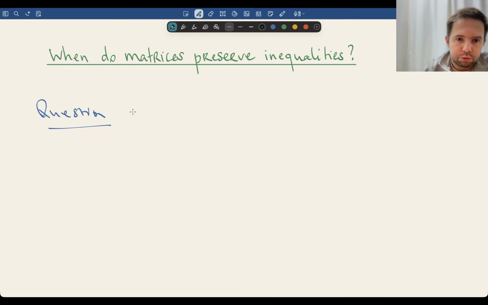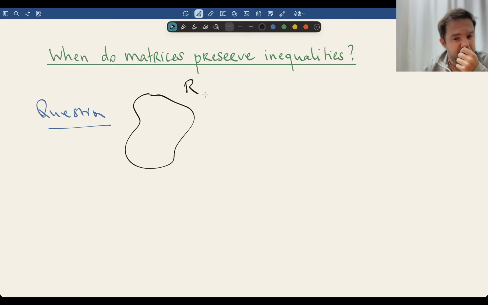So more precisely, the question that I want to at least partially answer is the following. I'll just do a drawing because it's more intuitive. If we have a description of a region R, we want to find a set of matrices such that if I take a point x in that region, then Mx remains in that region.